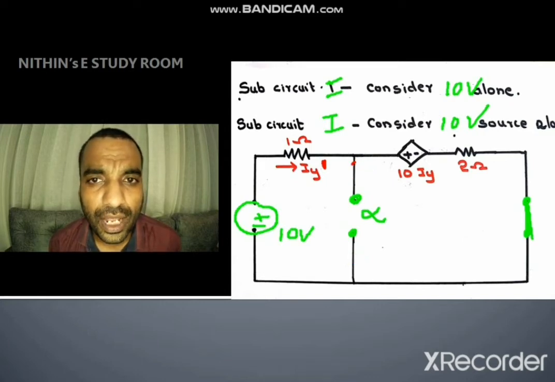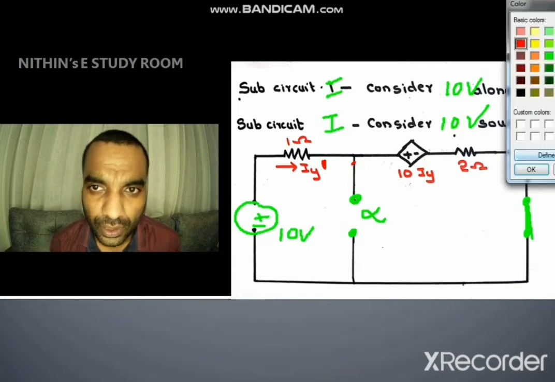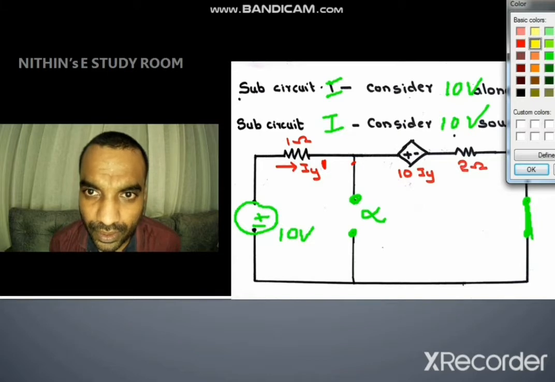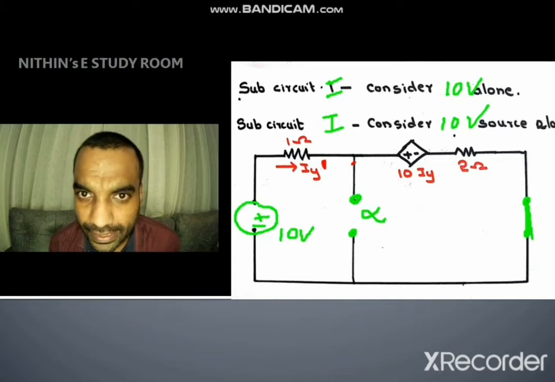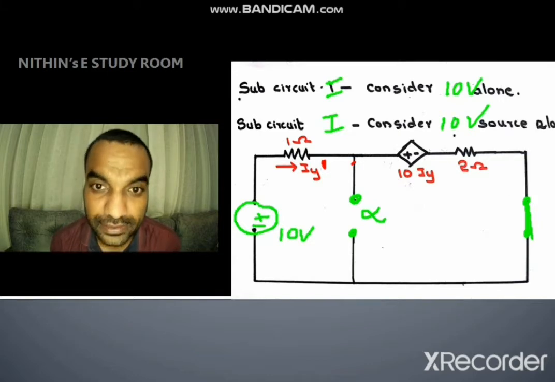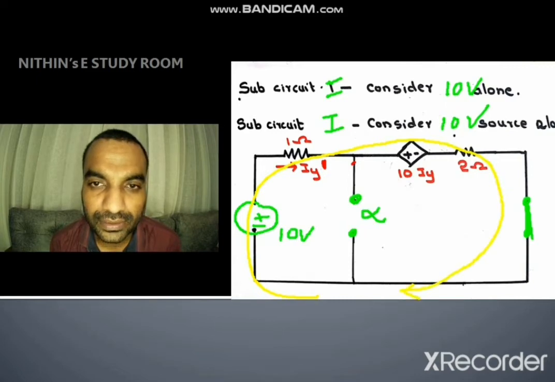Now you have a single loop. I will draw it with some other color. You have a single loop like this. You consider this single loop, and you are going to write a KVL equation of this loop.